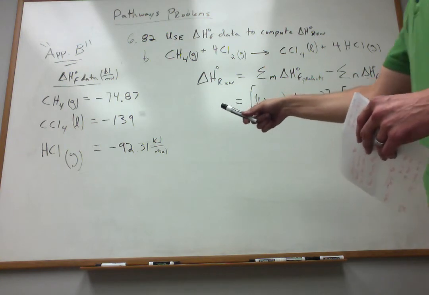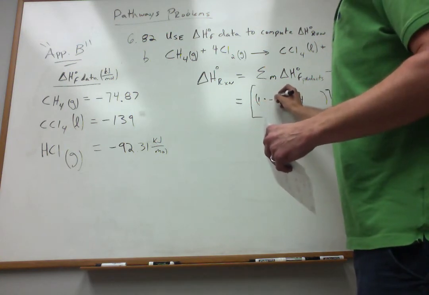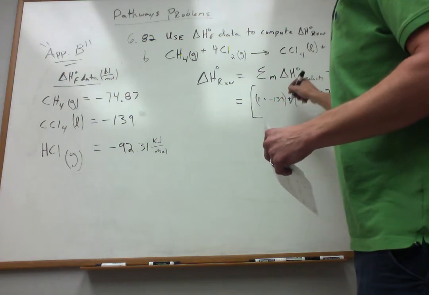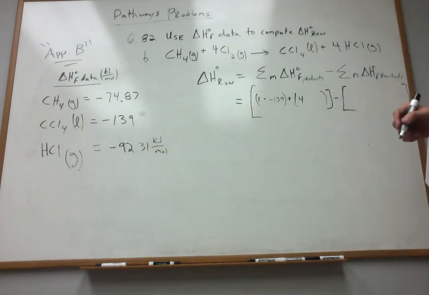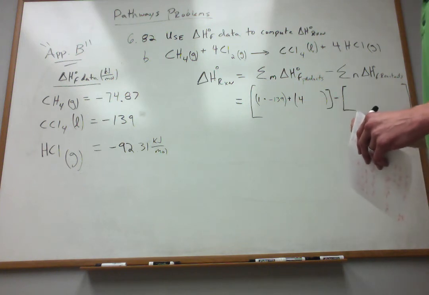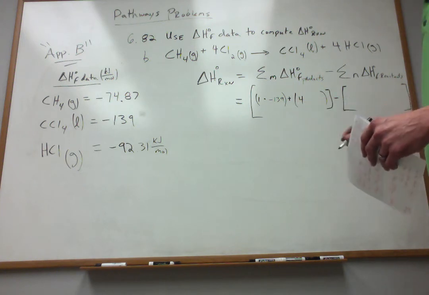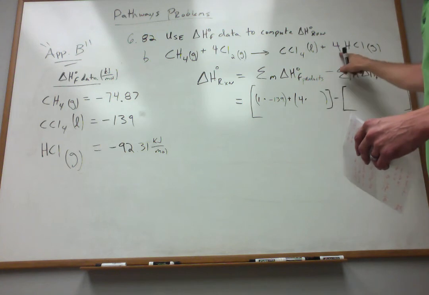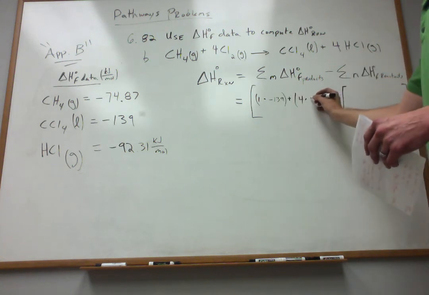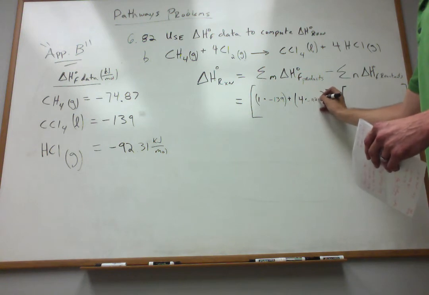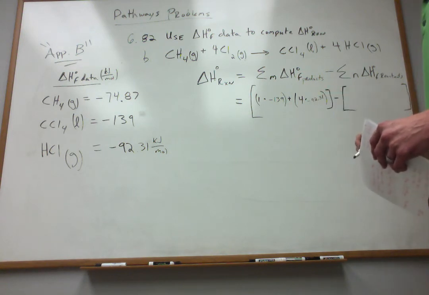For CCl4, that was negative 139. Note that that's a liquid, and the value I'm giving you here is also for the liquid phase. So 1 times negative 139. We need to multiply 4 times the value for HCl, which is negative 92.31. Notice again, being very careful to keep the negative and positive signs.